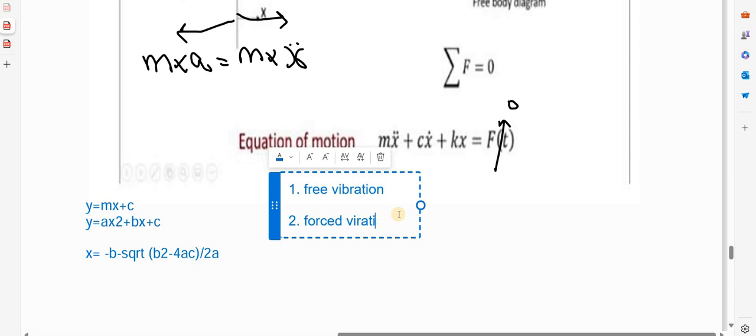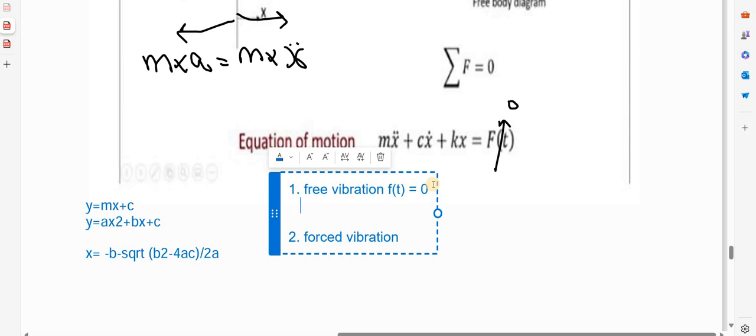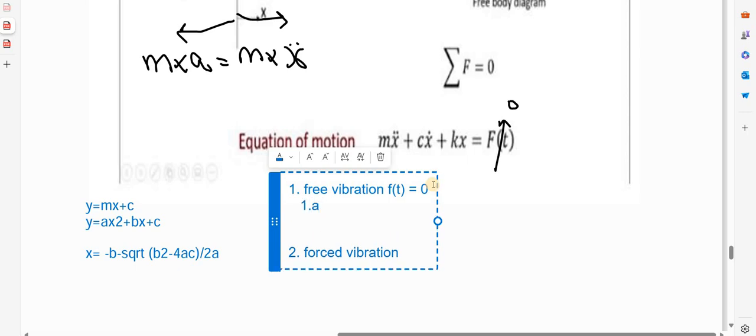Okay, free vibration and forced vibration. So in free vibration, f of t is equal to 0, but in forced vibration f of t is not equal to 0. Now again, free vibration and forced vibration are each of two types, 1a and 1b.